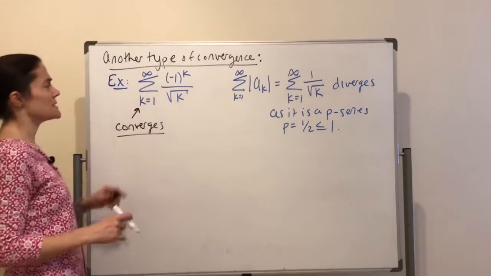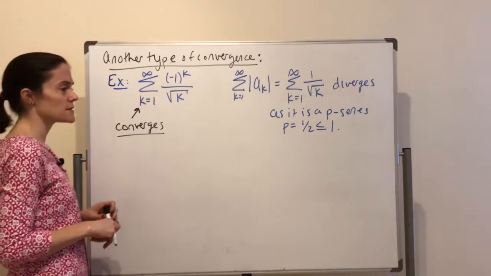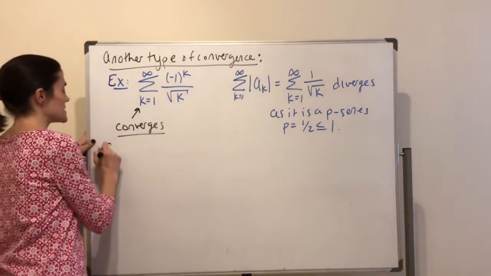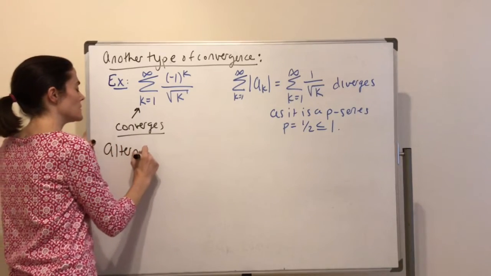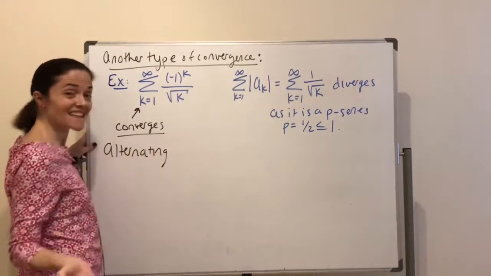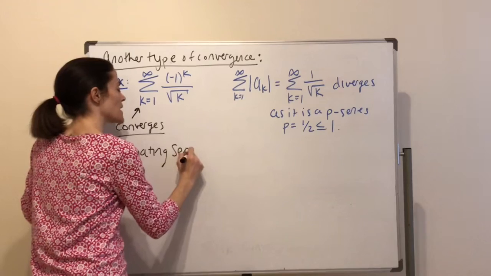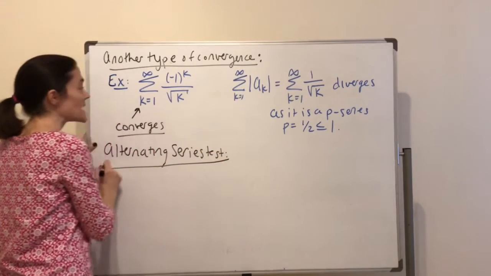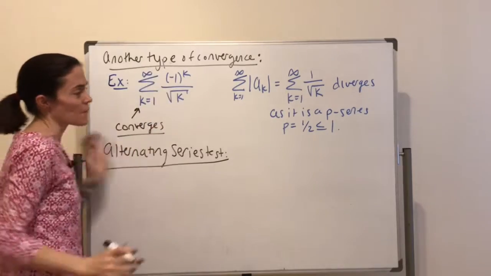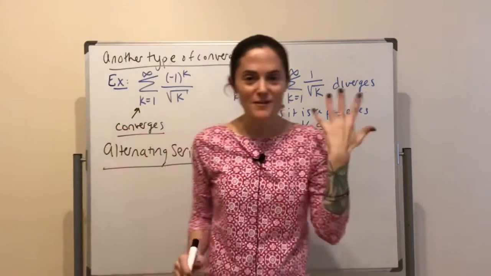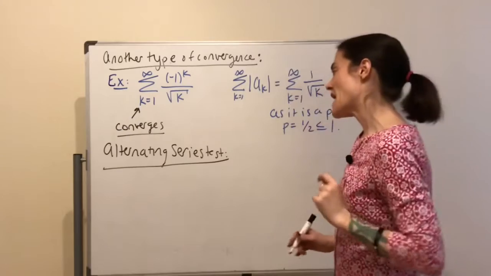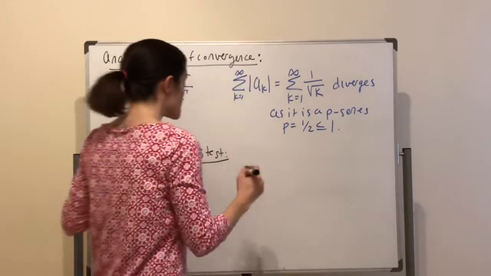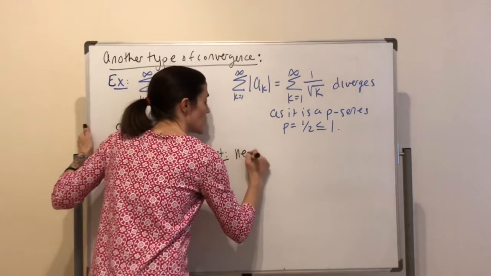Now, how can we see that this series converges? Well, there's another test here, and this is the very last test we need to mention that's on that sheet that I gave you. It's called the alternating series test. I will state it, I will use it here, and then I will talk about what this type of convergence is called. The alternating series test, what are the requirements? First of all, you need an alternating series.